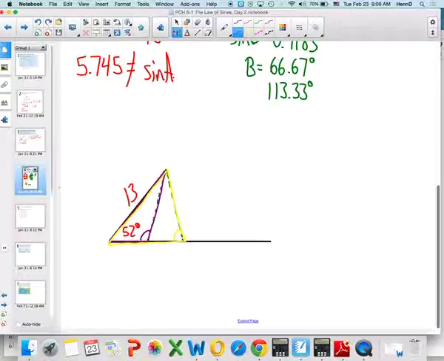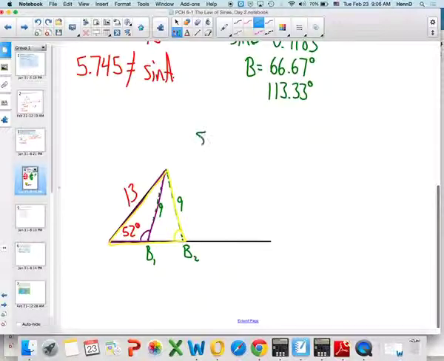Okay, so let's say that this side here was 9. I could have 9 coming in like this, or I could have 9 going out like that. And when I'm trying to find B, I'll do B1 and B2, because those are our two possibilities.